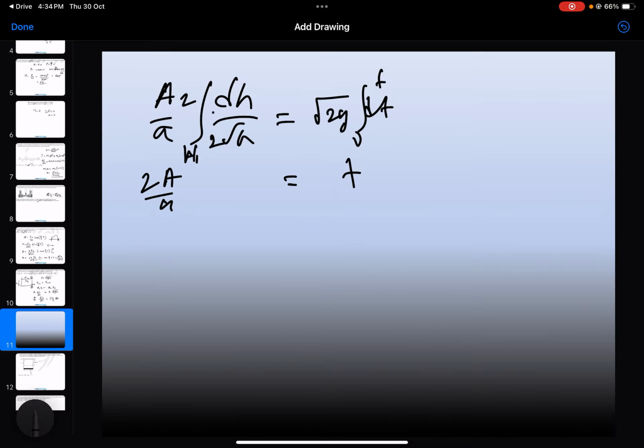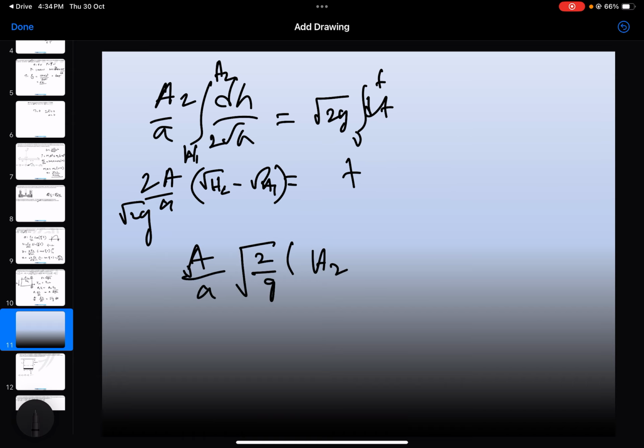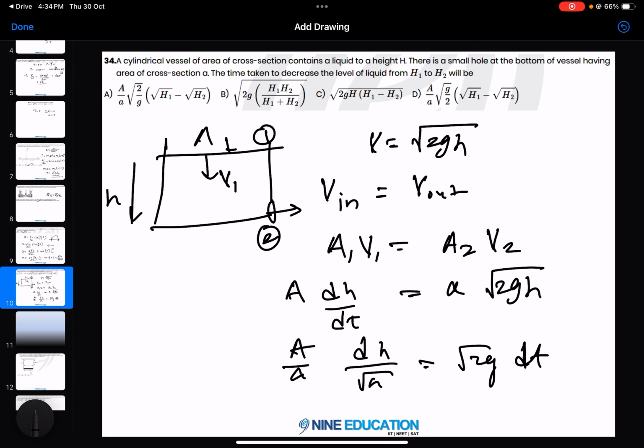Limits will be from h1 to h2, so it will be under root h2 minus under root h1. When you take this under root 2g here, it will be capital A by small a root 2 by g, root h2 minus root h1, which will be root h1 minus root h2, which will give us option D.